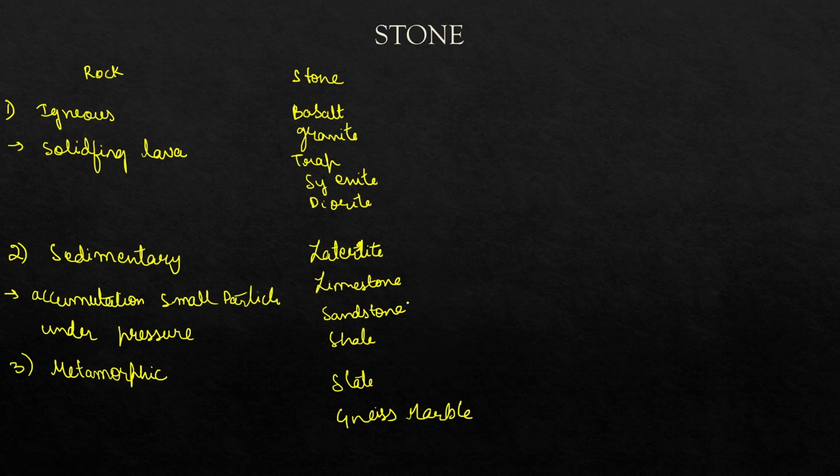So only sandstone, limestone are included in this. Even the laterite. These are all small sand particles which are pressurized to form a rock or stone. Metamorphic are sedimentary plus igneous, transformed under high pressure to form metamorphic.